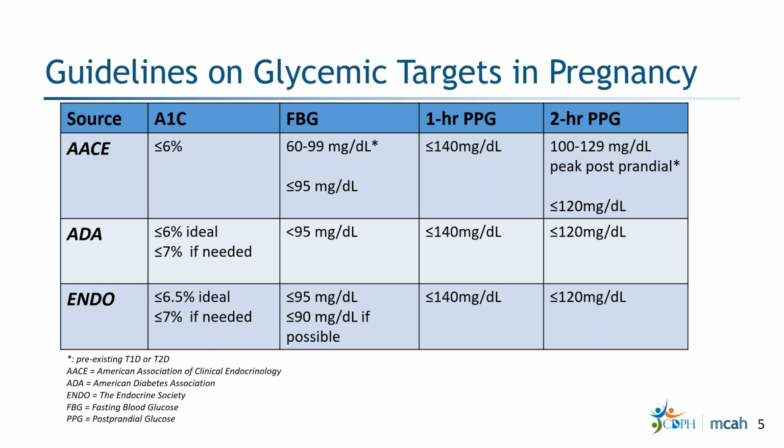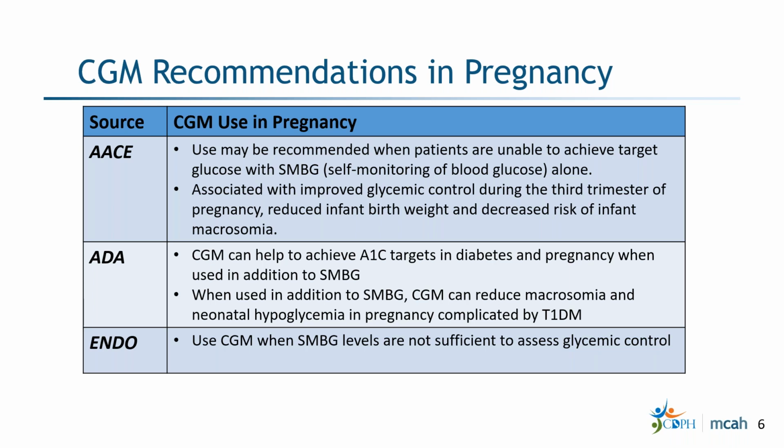At 2 hours, we would expect that glucose would be starting to come down a little. So if a woman is checking at 2 hours, we would really want that glucose to be under 120. For most women doing finger sticks, they're advised to do either 1 hour or 2 hour postprandial and try to meet these targets to have the best possible outcomes.